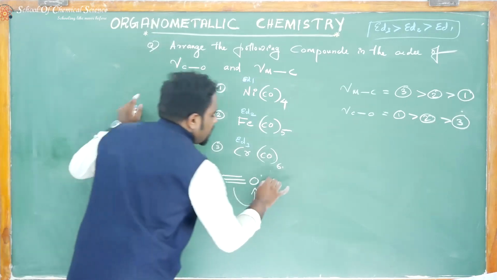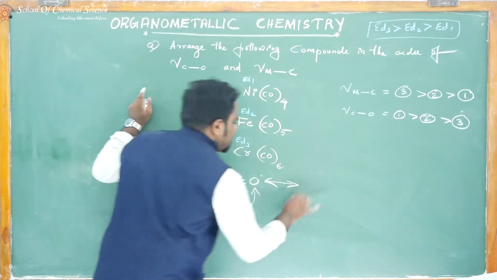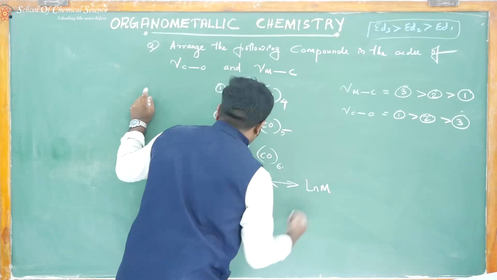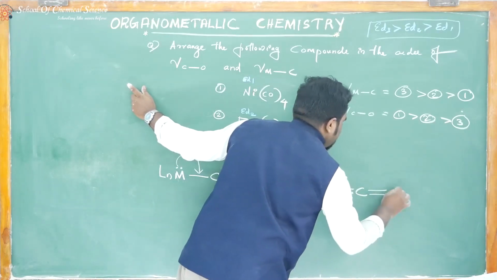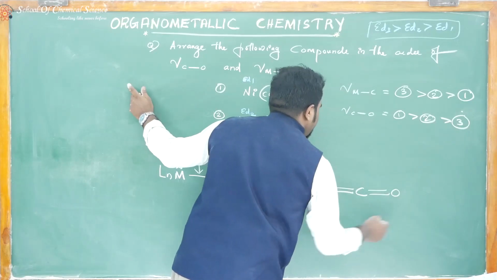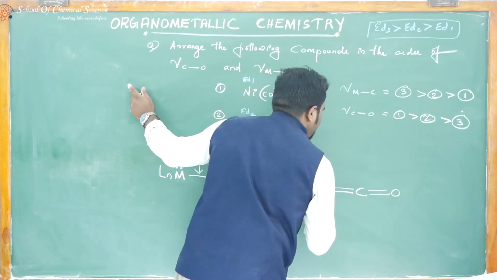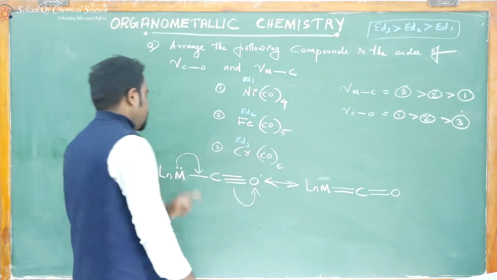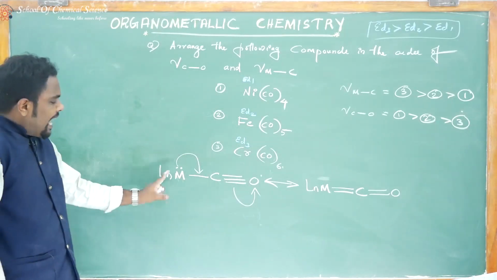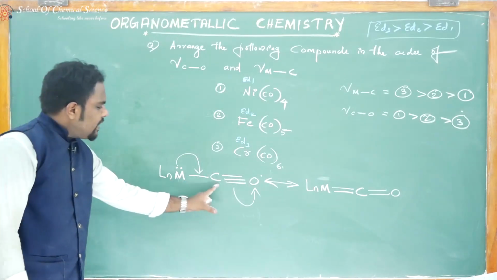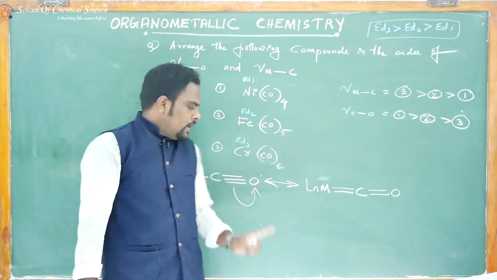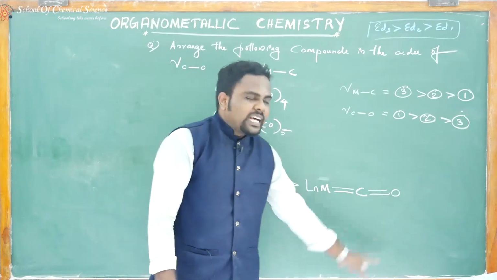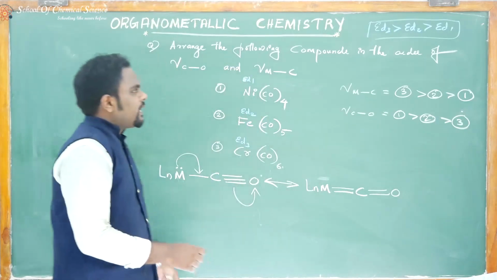This bond shifts towards this side, so you will get L_n M double bond C double bond O. This is metal plus and O minus becoming neutral. As a result of back bonding, the metal carbon bond order and stretching frequency increase, and the carbon oxygen bond order and stretching frequency decrease. That is the case.